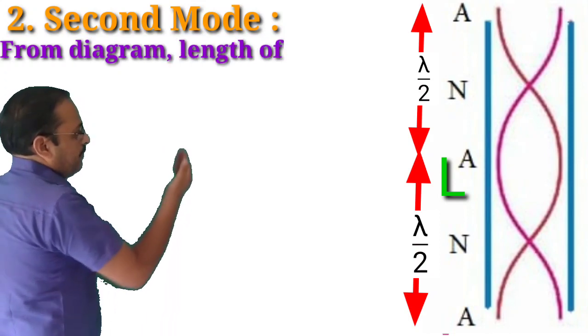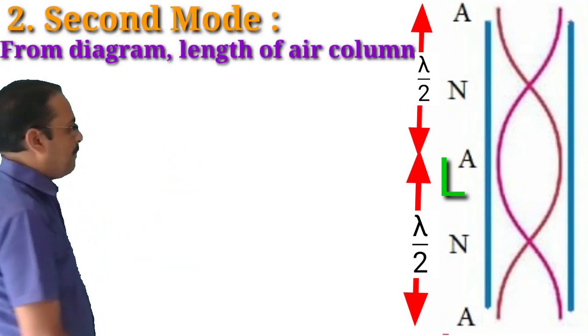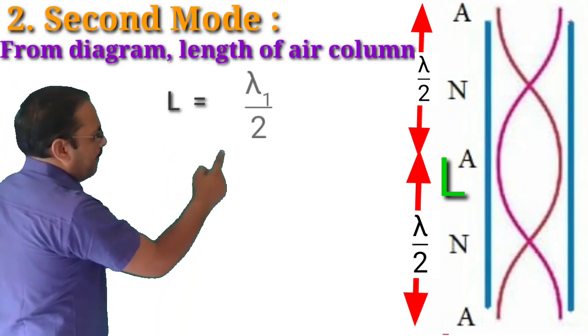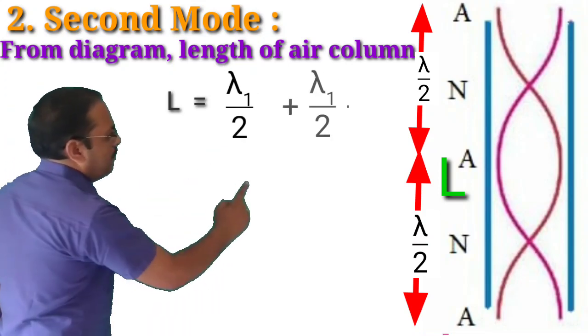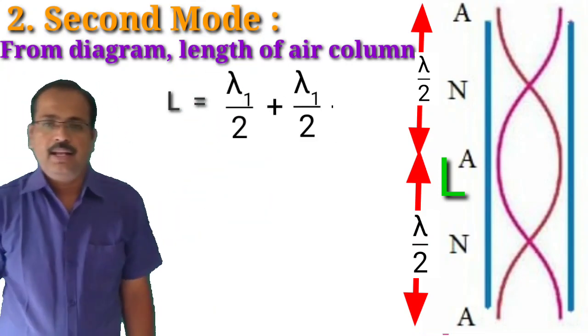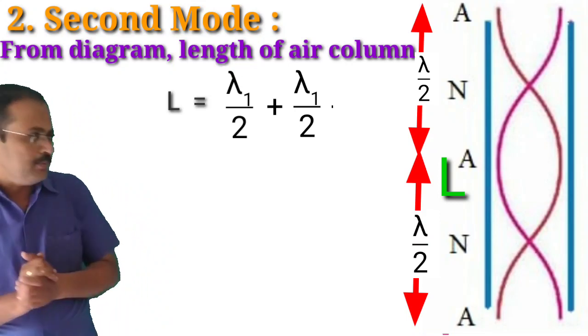From the diagram, the length of air column, capital L, is equal to lambda 1 by 2 plus lambda 1 by 2.